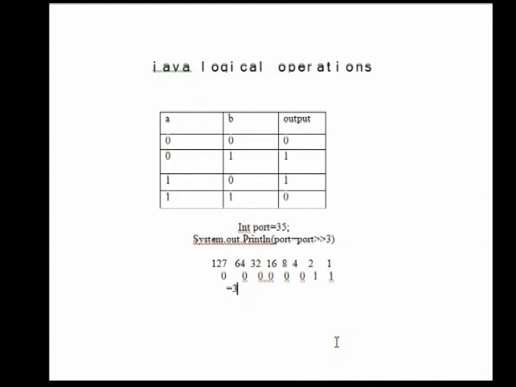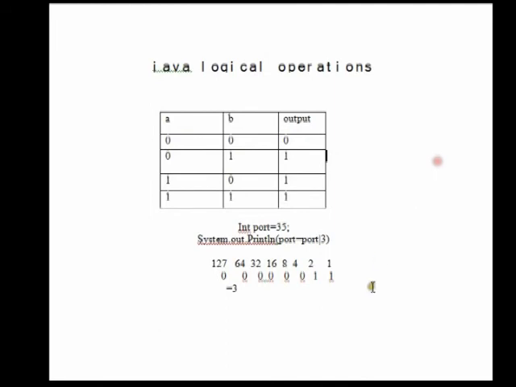And the OR, the logical operator in Java, is a single bar like this. The truth table changes as well; it's not the same as XOR.